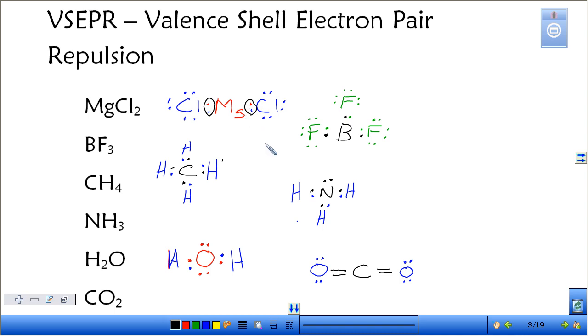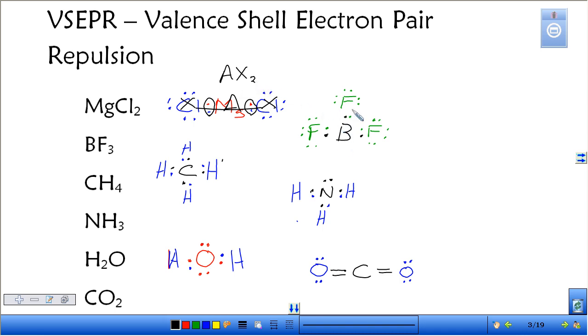And so we get a formula that is going to describe the shape that's actually going to be created. That formula is based on the central atom, which we're going to call A. If we look at magnesium, magnesium becomes A, and each chlorine becomes an X. So magnesium chloride would be AX2, A being the magnesium, the X's being the chlorines.